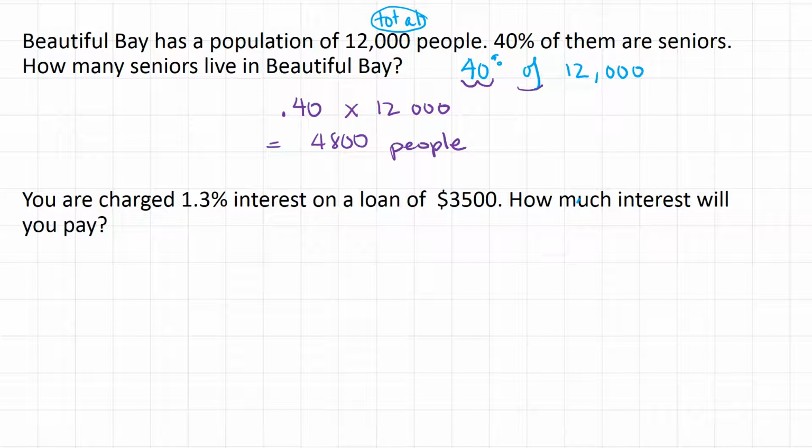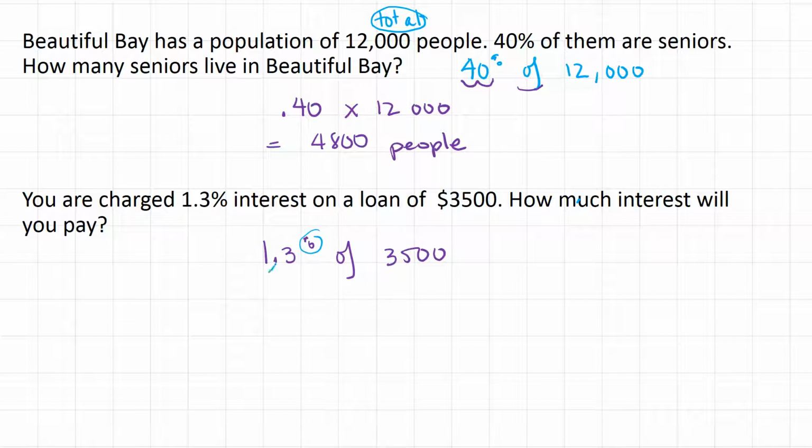Next one is a banking question. You are charged 1.3% interest on a loan of $3,500. How much interest will you pay? Well, what the question is asking is 1.3% of 3,500. Step one, divide by 100 to get rid of this percent sign.